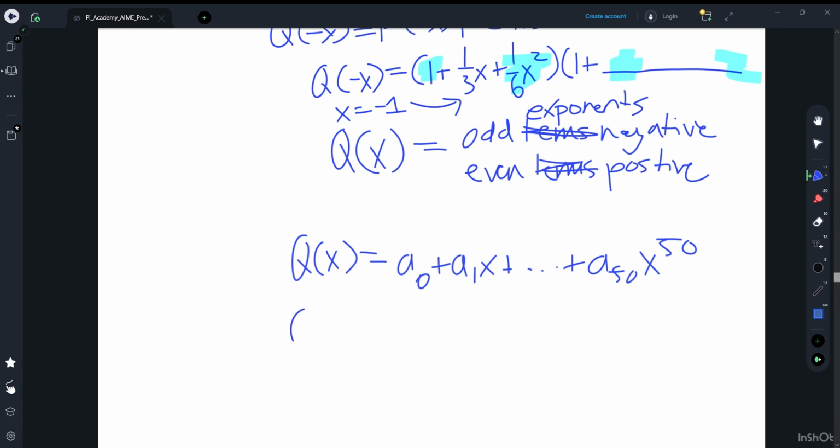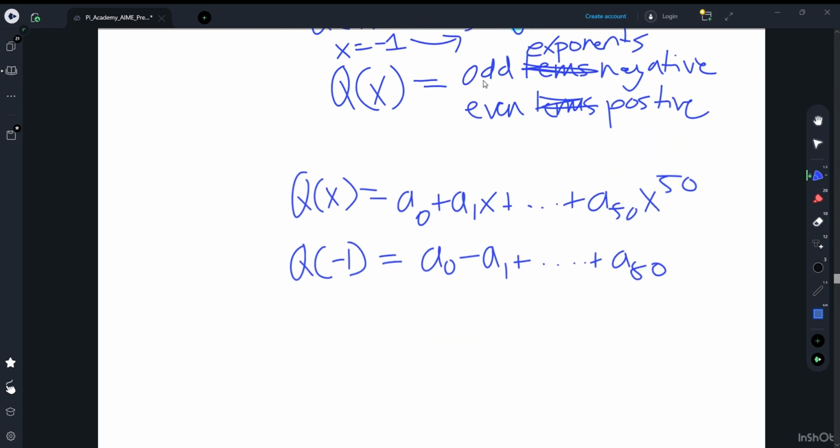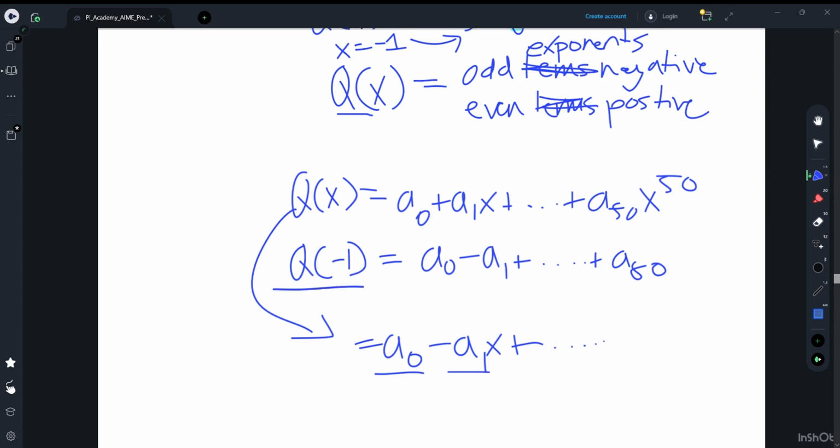And if we plug in q(negative 1), we see that we get a0 minus a1 plus and so on plus a50. And we know that q(x) has odd exponents negative, even terms positive, so we can write q(x) as a0 minus a1x plus and so on. And we see that the sum of the absolute values of the coefficients is just q(negative 1).